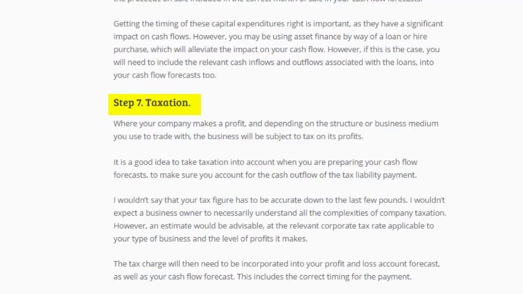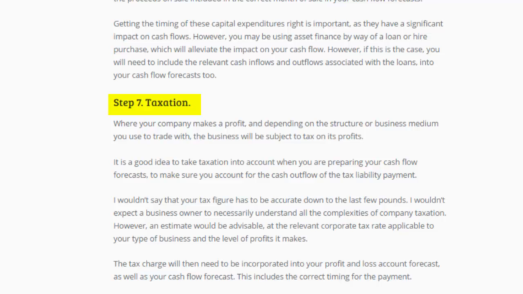So for example, if you're a corporation, say corporation tax is running at 20% and you made £100,000 profit, it's providing for £20,000. Now of course, taxable profits and actual profits are sometimes different. So you may have certain add-backs and you may have certain deductions to get to your taxable profit.